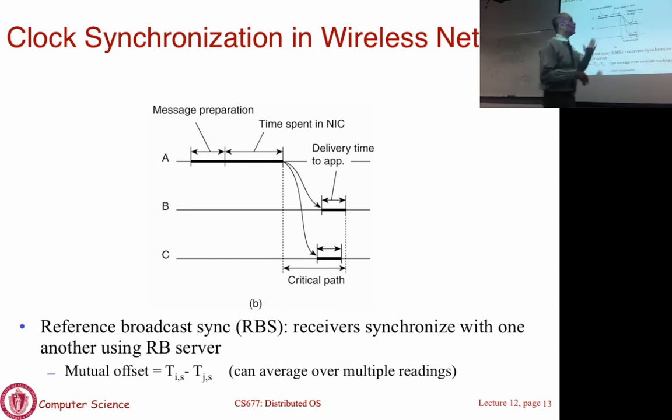Clock synchronization in wireless networks is also an active area of research. You use some variant of either Cristian's algorithm or the Berkeley algorithm. You have a broadcast server that broadcasts the time. Somehow that node has to figure out the propagation delay. Once you find the propagation delay, you add it to whatever the broadcast values are telling you, and you set your time to that value.